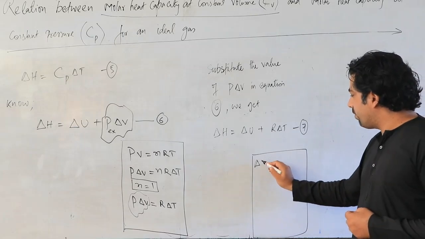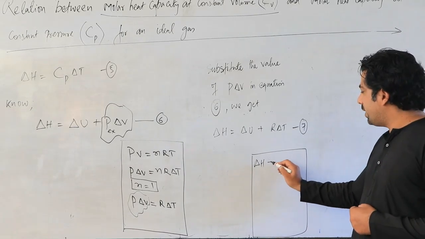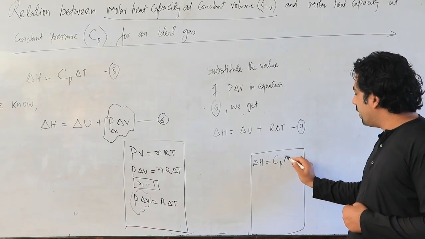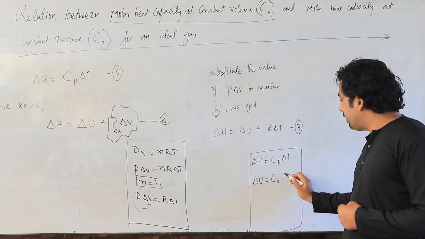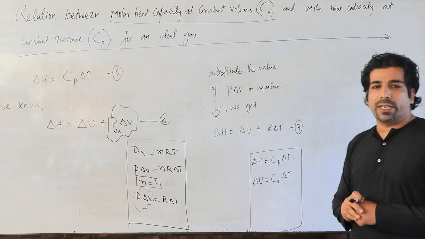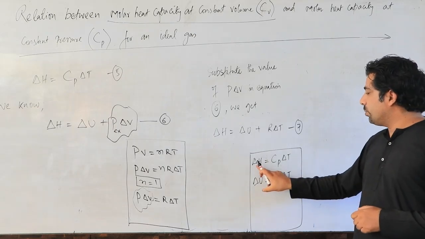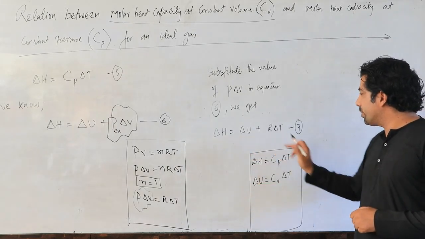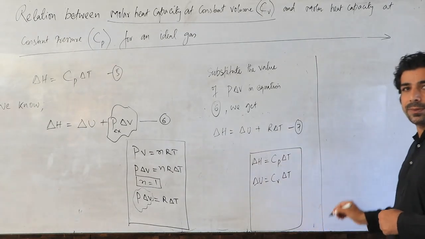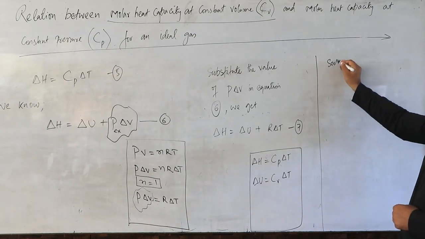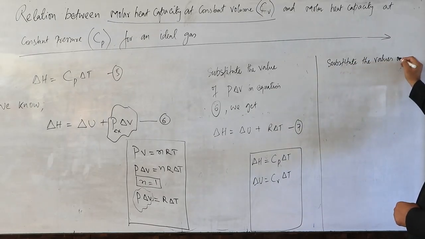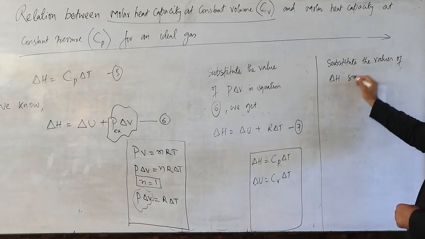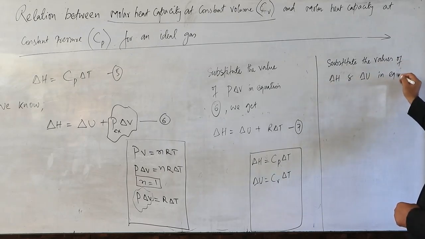Delta H is equal to Cp delta T, and delta U is equal to Cv delta T. So substitute the values of delta H and delta U in equation number 7, we get.